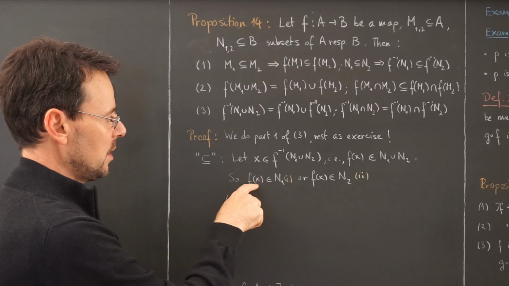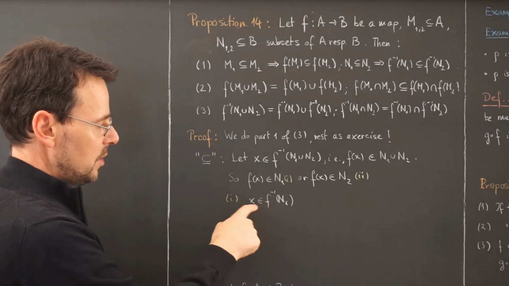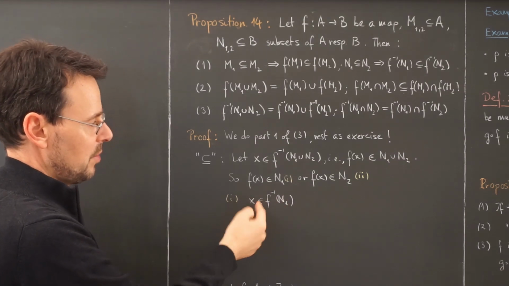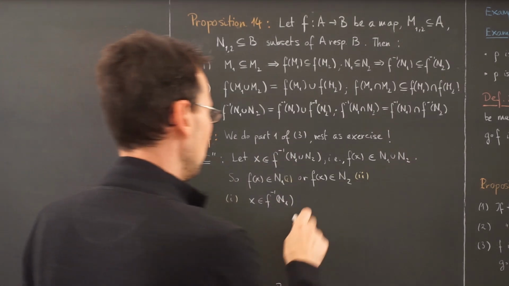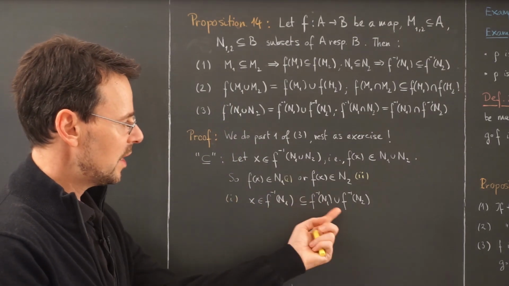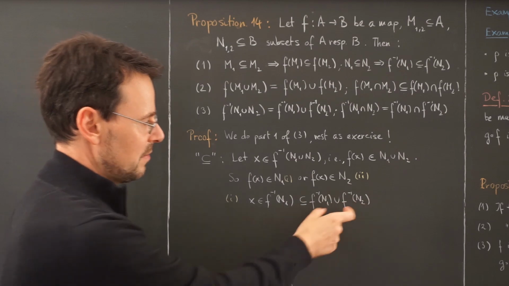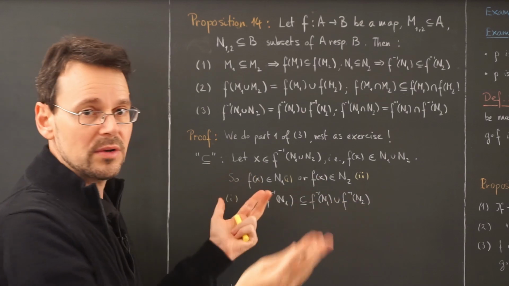So what does this mean? If f of x lies in n1, then by definition x lies in the preimage of n1 under f, because this simply means that f of x lies in n1. Okay? But now, this here always lies in this set together with f inverse of n2, because if I take the union of two sets, then the set gets bigger or stays the same.